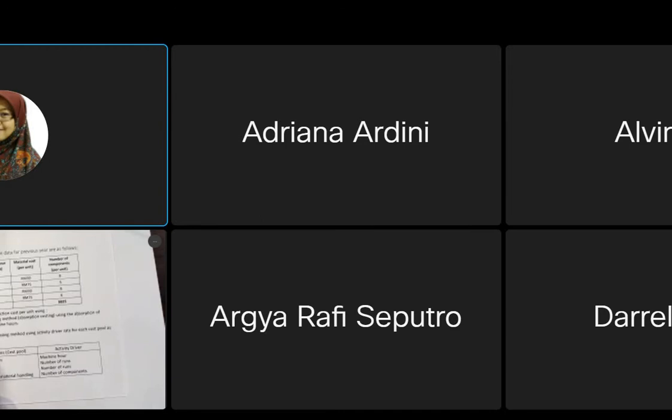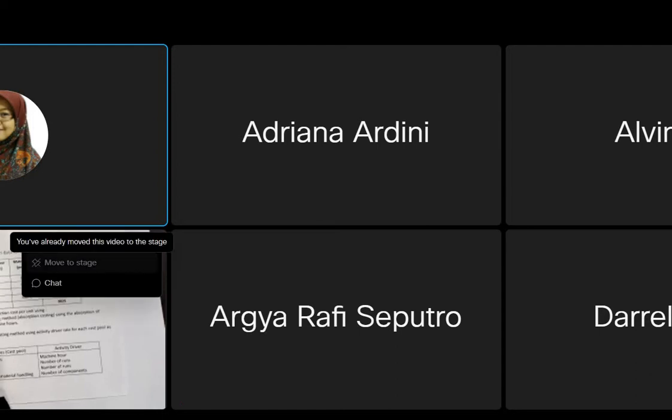Number of runs means, let's say they have one production line, to complete these 25 units of product they have to run 3 times. That is the meaning of number of runs.